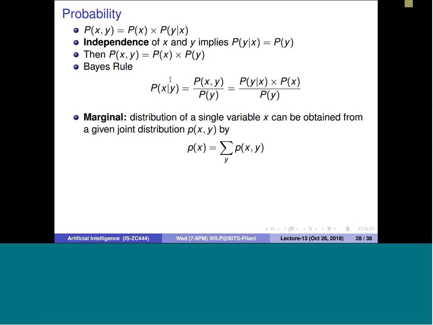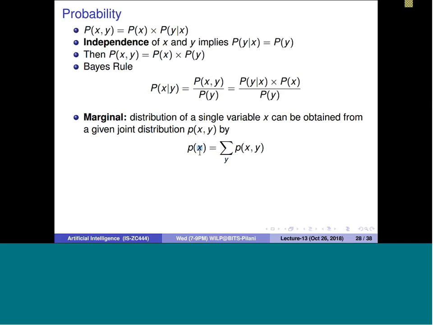Then a very important concept is marginalization. This is a very small mathematical concept that tells us that if probability of x and y is given to you and you find the summation across all the y's, then you get the probability of x.